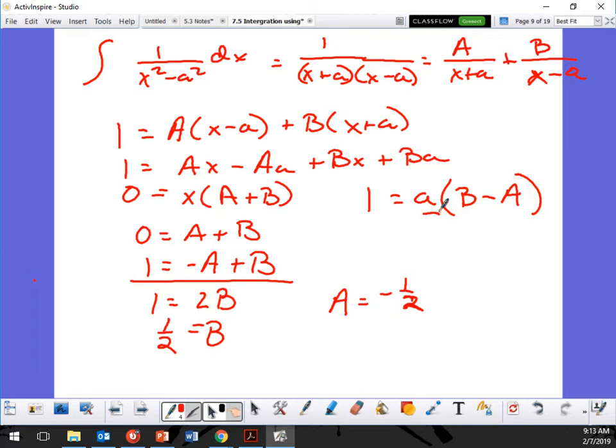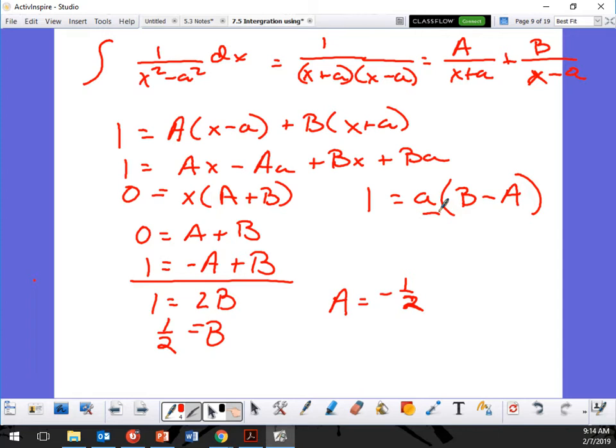I said that I made a mistake when I distributed. No, if you set b minus a equal to 1 over small a, it works. b minus a is equal to what? 1 over a.